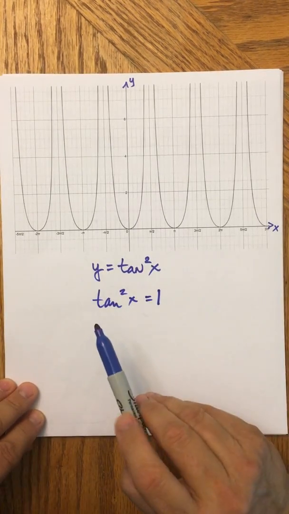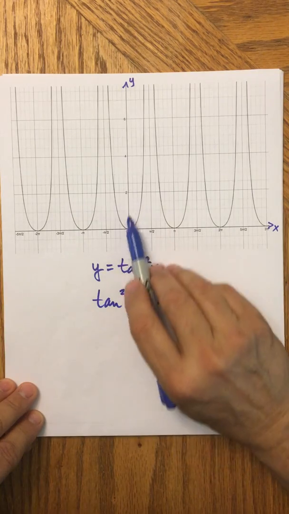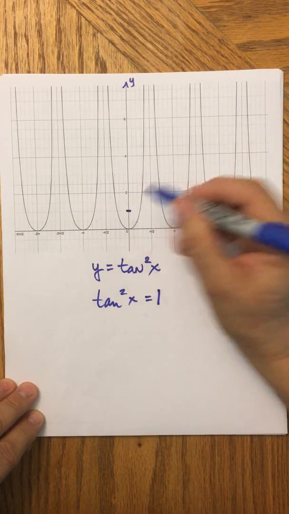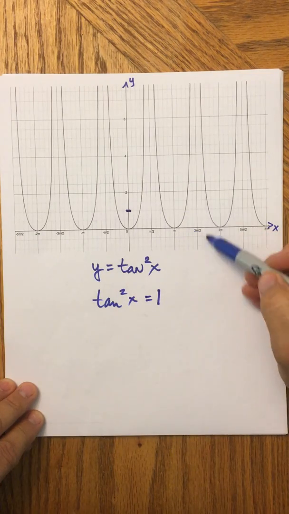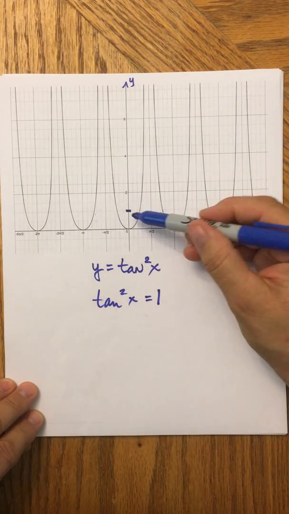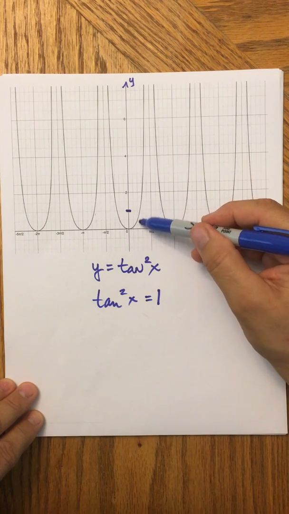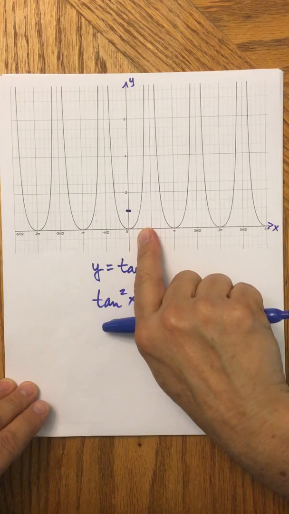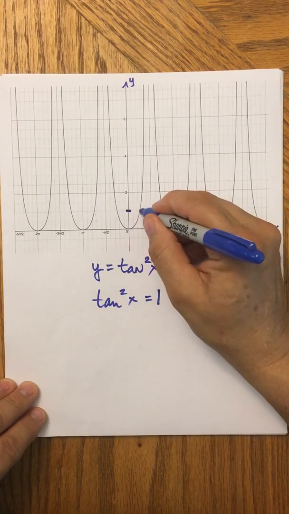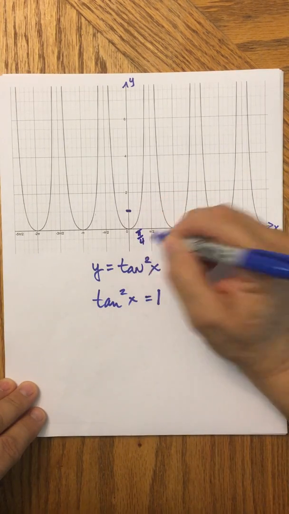Now, by inspection, by visually looking at it, here's 2, in the middle is here at 1. So I could see it's going to be here, here, here, here, and all that sort of thing. So where is that? Well, it looks like it's in the middle between 0 and pi over 2, so it looks like it's pi over 4. Right, so I think it's right here, pi over 4.